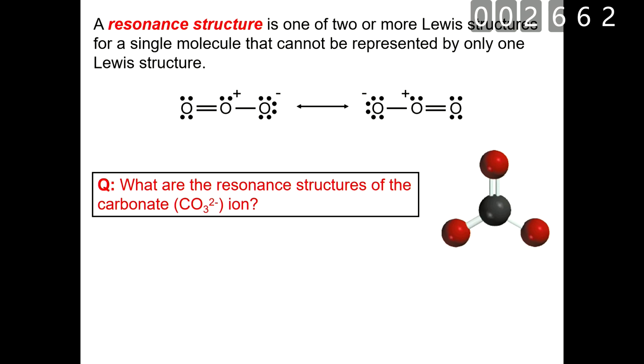This one also has 8, and this one also has 8. But this one loses one, this one gains one. So this is one Lewis structure.